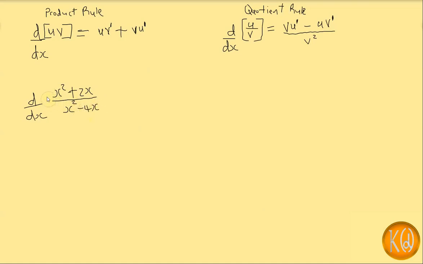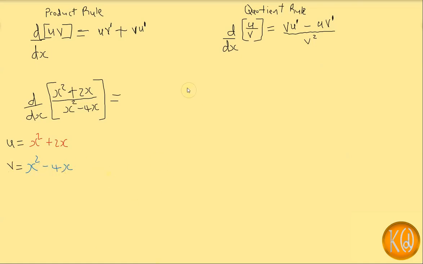Okay, alright, so how we proceed to do that is by first we identify our u, we identify our v, and we can see that u is equal to x squared plus 2x, and v is equal to x squared minus 4x.